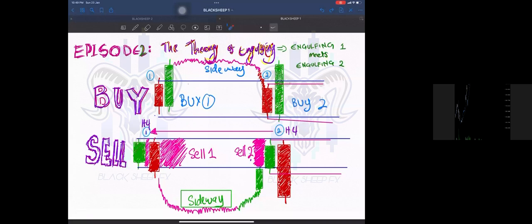This is the base model of it. Same goes for the sell. As the first engulfing sell is formed, we mark the zone. And as we wait for the price to come back into the zone, we wait for the occurrence of the engulfing sell number 2. So this is what we'll be covering.